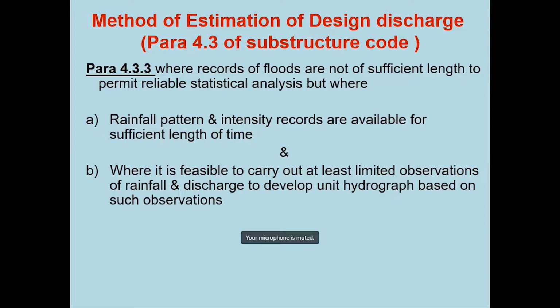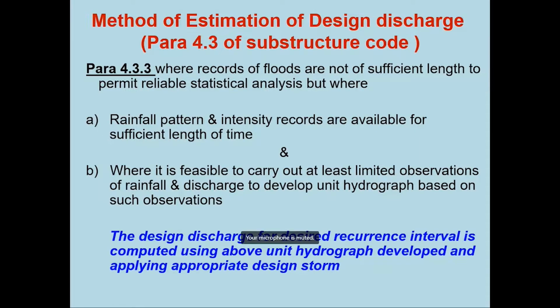If that is there, then we can develop a unit hydrograph, meaning a discharge versus time hydrograph, and applying the appropriate design storm, we can find out the design discharge for that area.